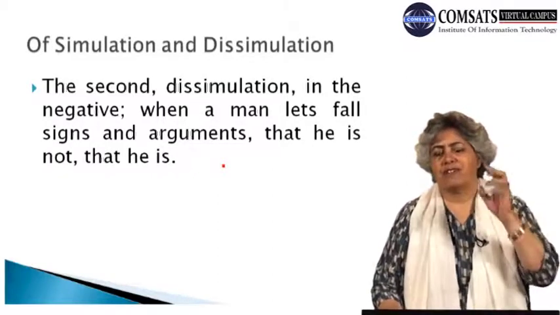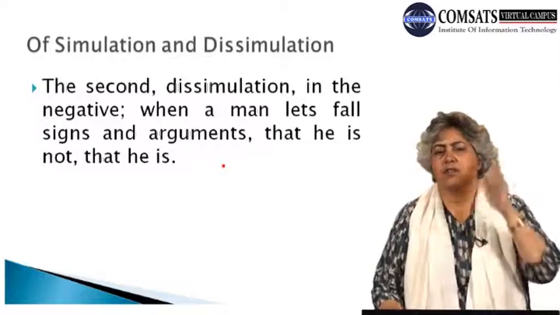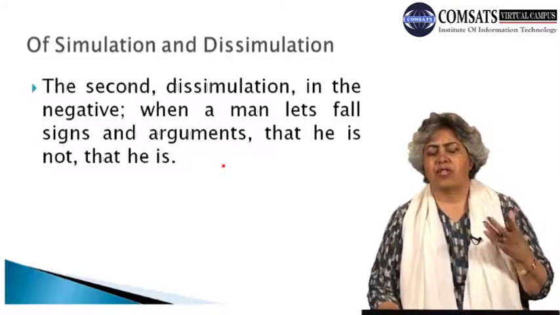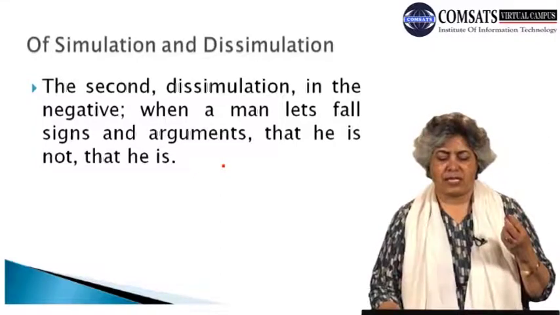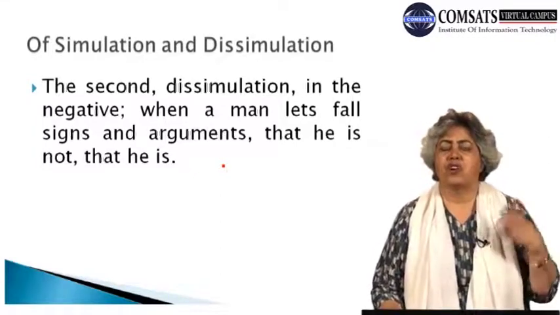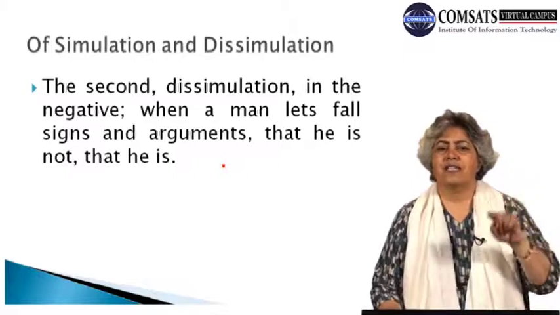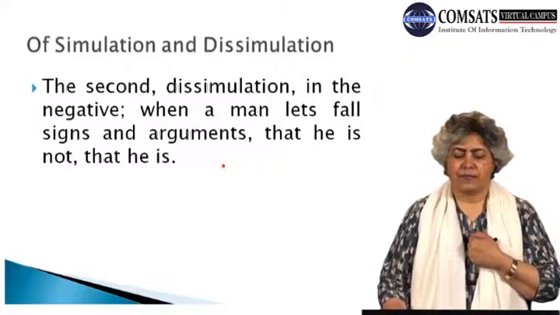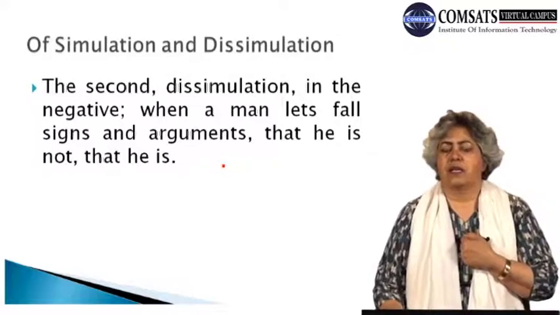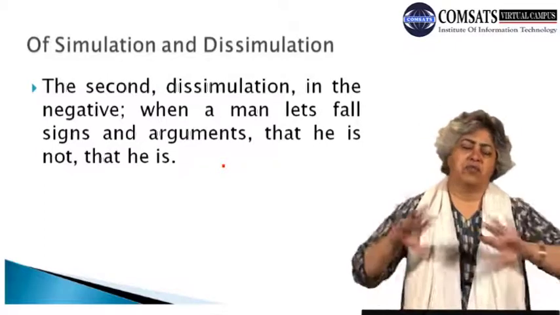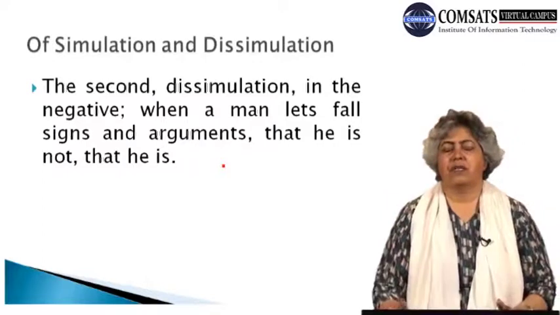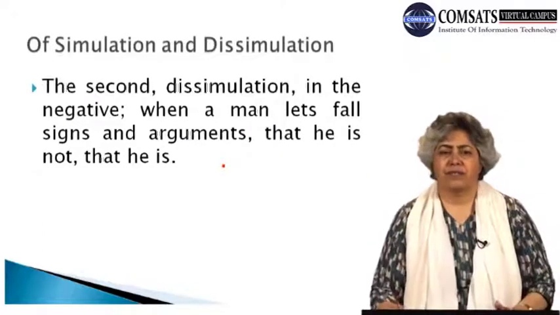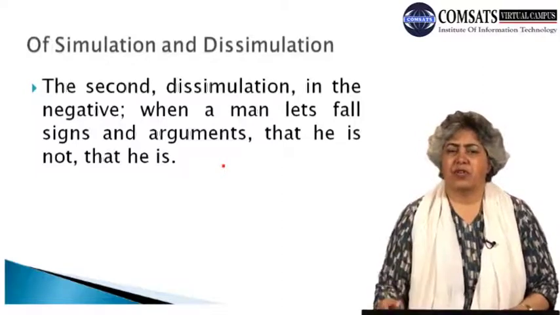Now dissimulation is definitely used in a negative context. Always, always remember that. And dissimulation is when a man lets fall signs and arguments that he is not that he is. So if I'm a teacher and I use signs and arguments that I'm not a teacher, that's dissimulation.